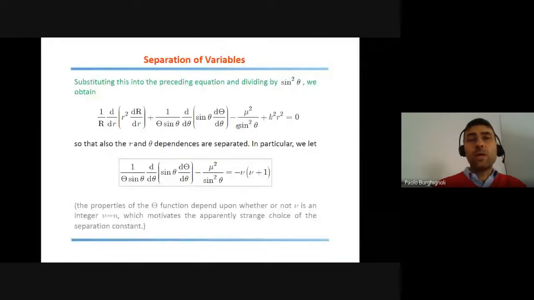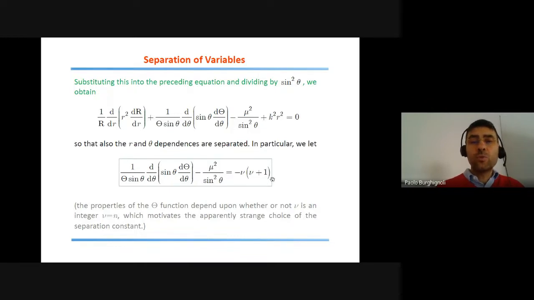Okay, so now you can see that the first addend and the last one depend on r, whereas the remaining addends depend on theta, so they must both be constants. In particular, the dependence on theta can be equated to a constant, and we will write this constant in this particular fashion, minus nu times nu plus 1.